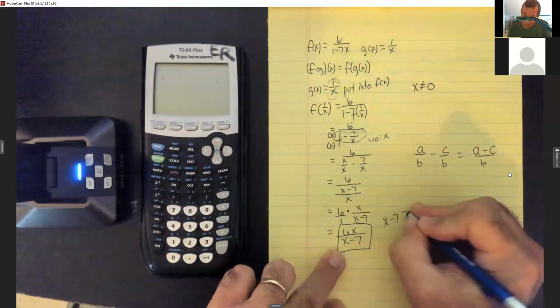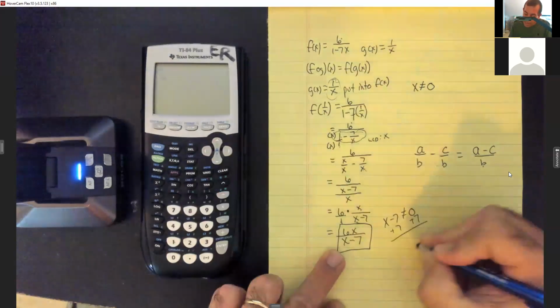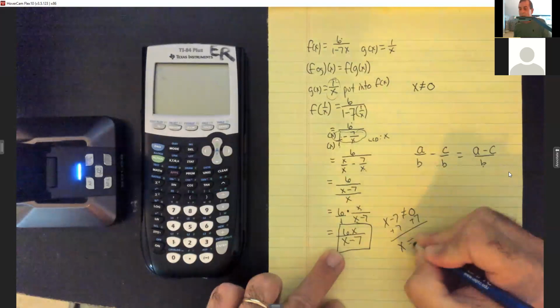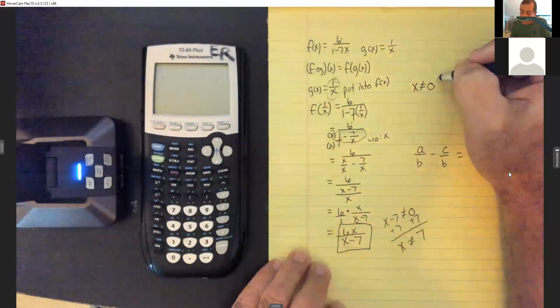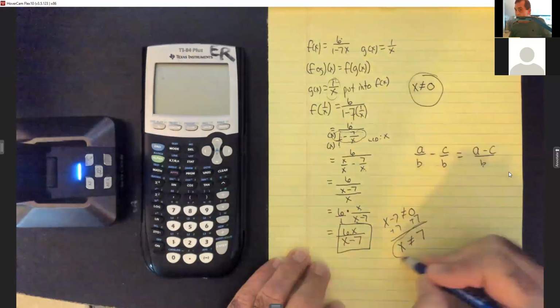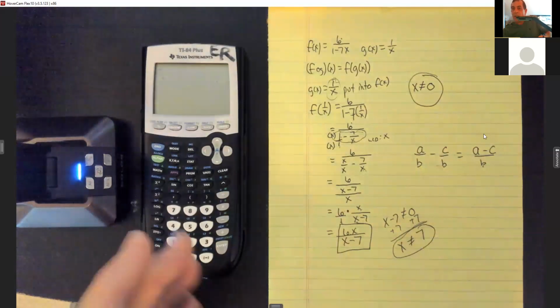So we would what? Add 7. And it tells me that x cannot equal a 7. So x cannot equal 0 for this problem, and x cannot equal 7. So let me go fill in this first part of this, and then we'll come back and work the g of f.